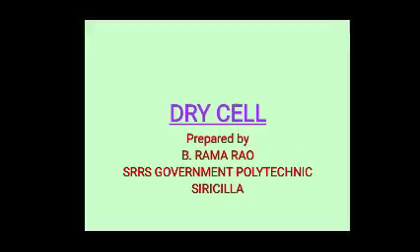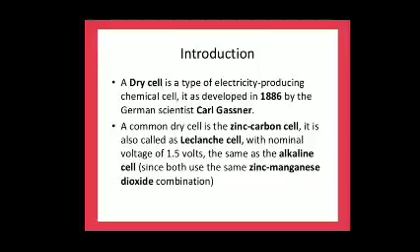Dry cell. Introduction. A dry cell is a type of electricity producing chemical cell. It was developed in 1886 by the German scientist Karl Gassner.